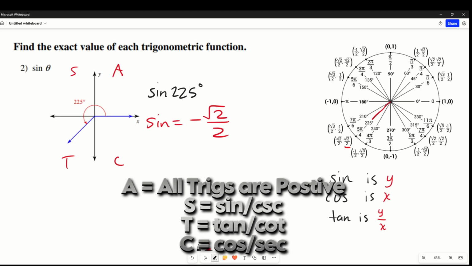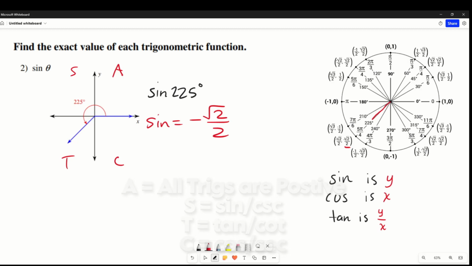In quadrant 3, tangent is positive, while sine and cosine are negative. In quadrant 4, cosine is positive, while sine and tangent are negative. So for this one, we keep our answer negative root 2 over 2, because in quadrant 3, sine is negative. Our answer for sine of 225 degrees is negative root 2 over 2.